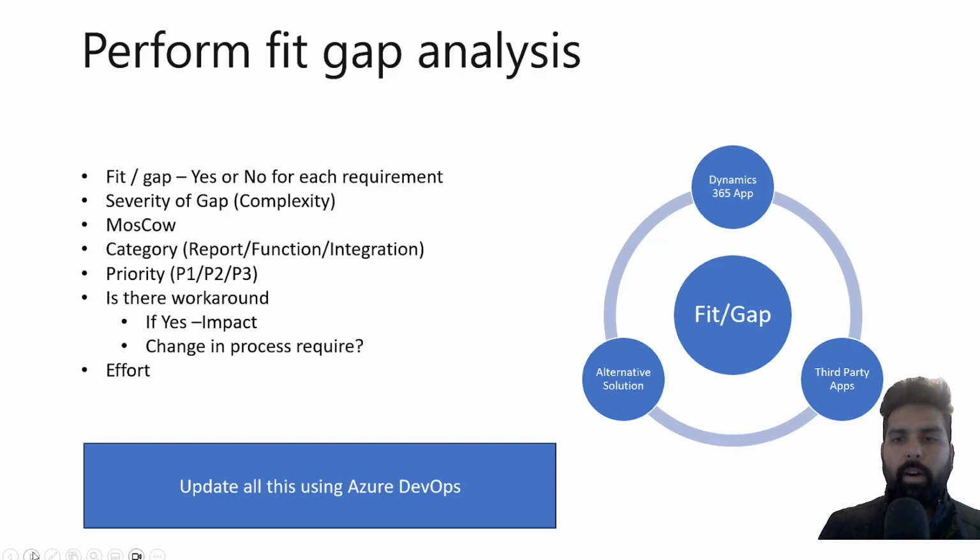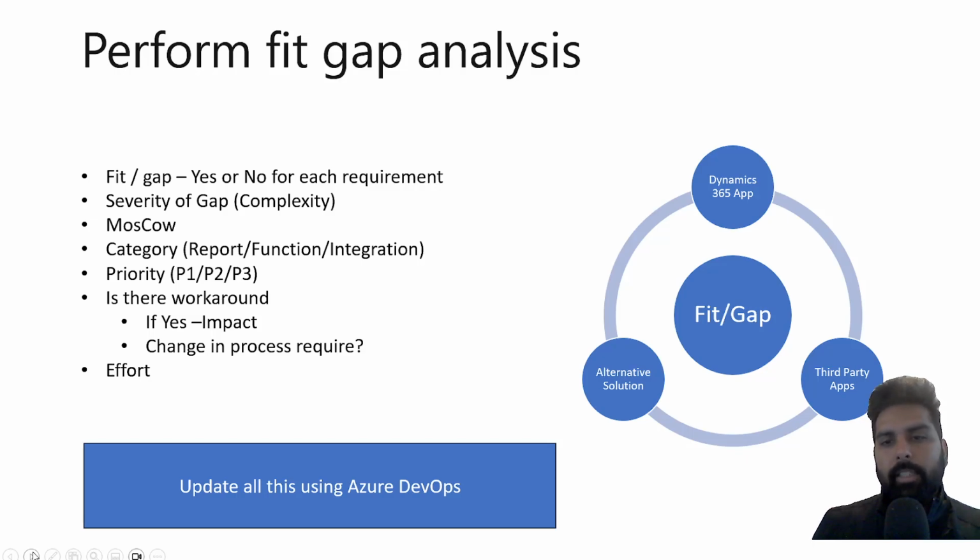There should be a work item type of requirement or user story, depending on what your methodology allows, and you capture all these things in Azure DevOps. If it is a very small scale implementation or project and you are not using Azure DevOps, you must be maintaining some Excel tracker as the requirement traceability matrix.